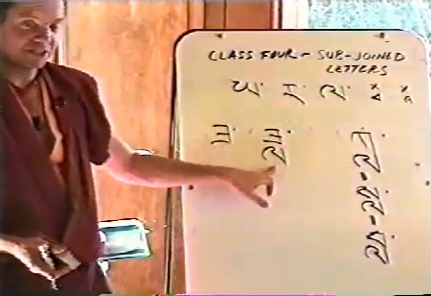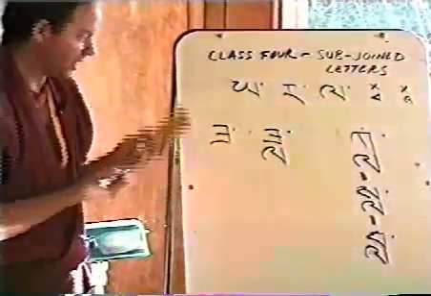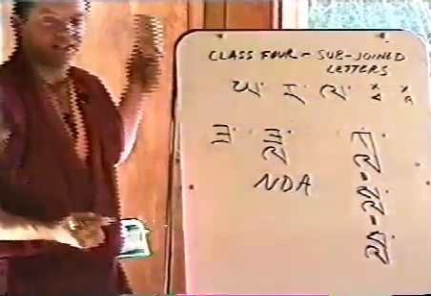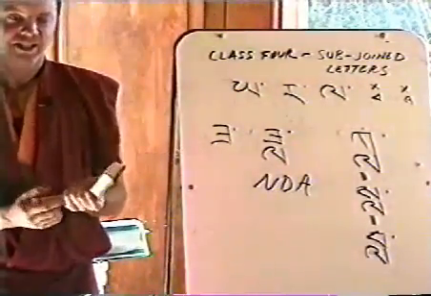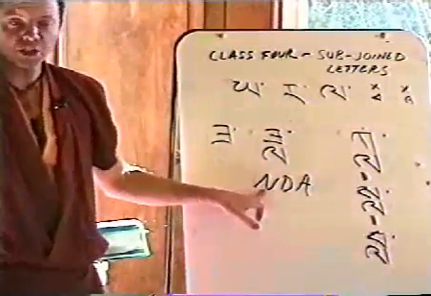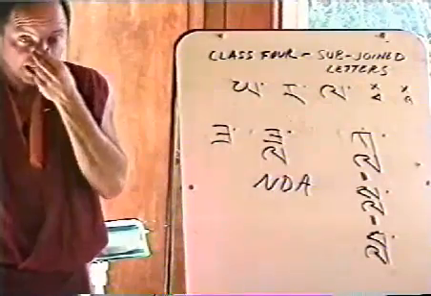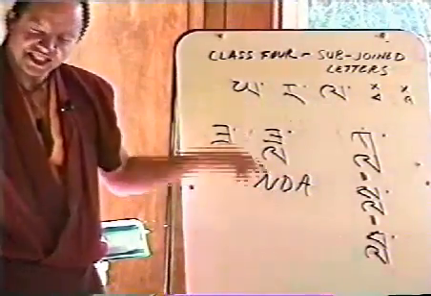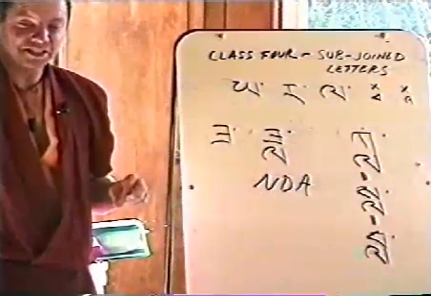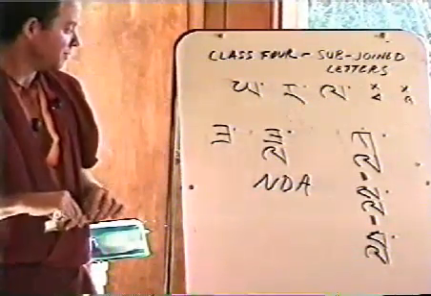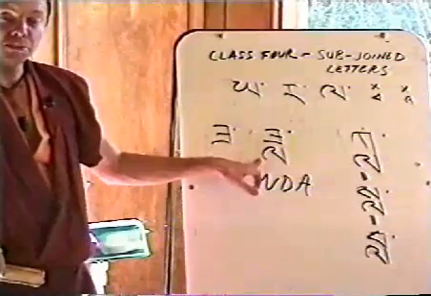When this letter gets a subjoined la, it becomes nasty. Nda. Okay, nda. Do you say the N very strong? This is called a pre-nasal. Pre means before. Nasal means that. A slight N sound before the D. Okay, very slight. Nda. Nda. This is, by the way, the word for moon.